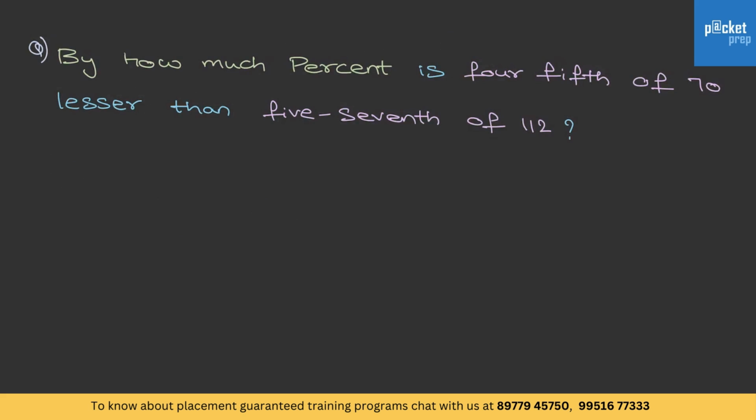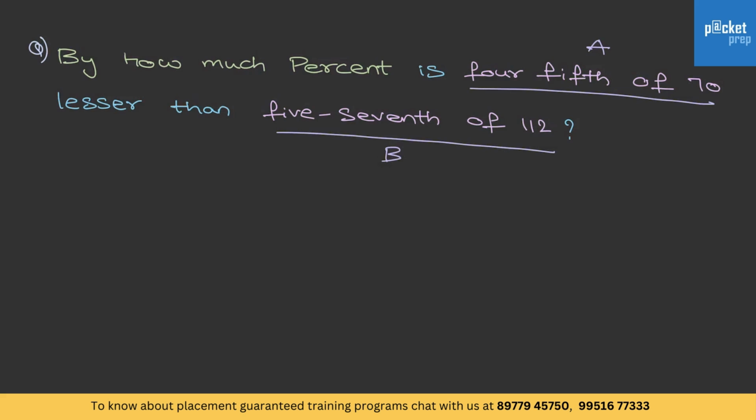By how much percent is 4/5 of 70 lesser than 5/7 of 112? Let's assume 4/5 of 70 as a, and 5/7 of 112 as b.